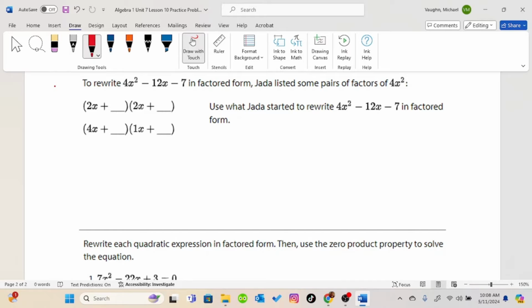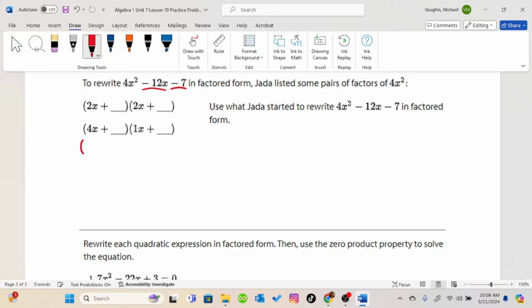Use what Jada started to rewrite 4x squared minus 12x minus 7 in factored form. So what we're going to need are factors of negative 7 that add together to negative 12 when they're multiplied in one of these situations.